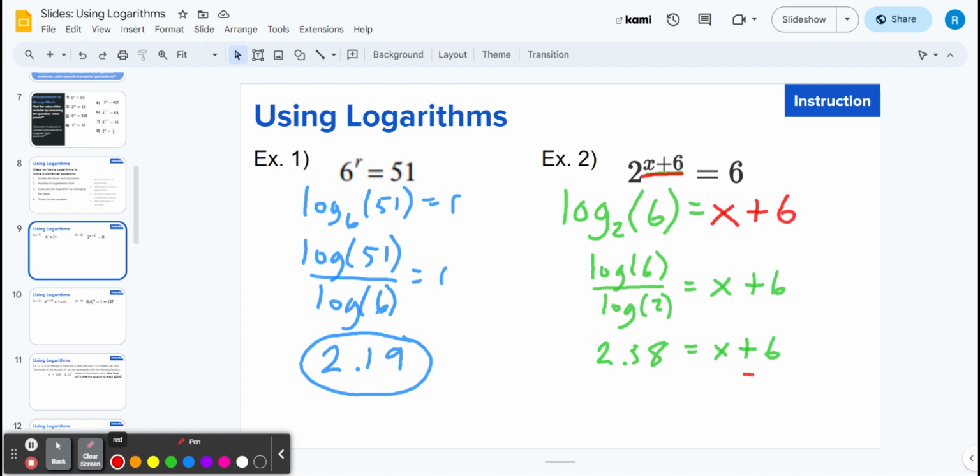And then we're subtracting 6 from both sides to get x all by itself. So my x value is equal to 2.58 minus 6, which is negative 3.42. That is our answer there.